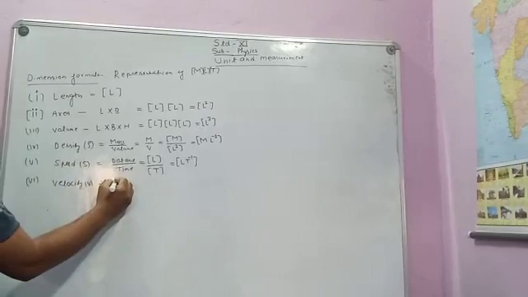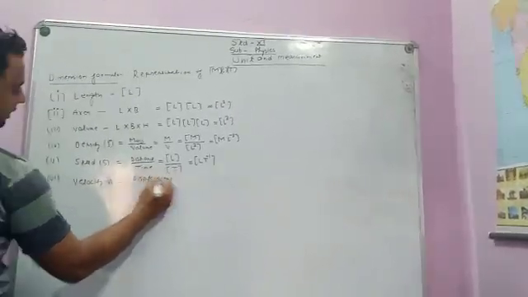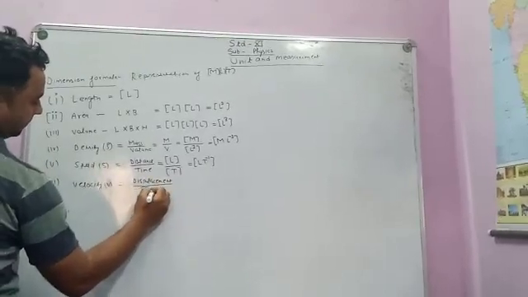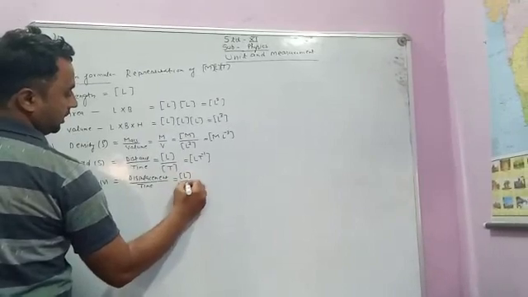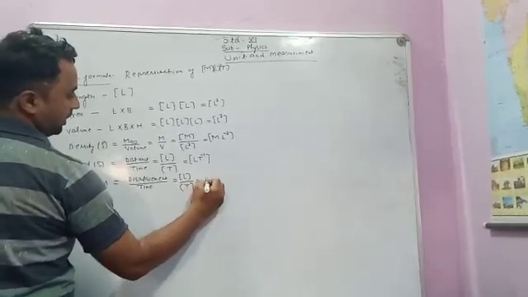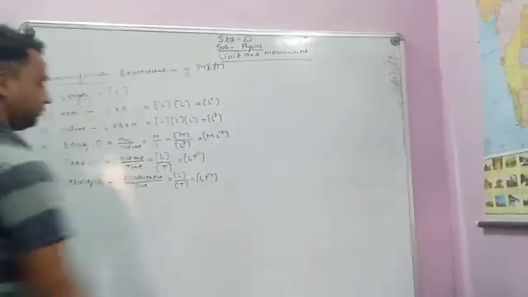V is displacement upon time, and the displacement is taken in L, time is measured in T, and the dimensional formula is L T inverse.